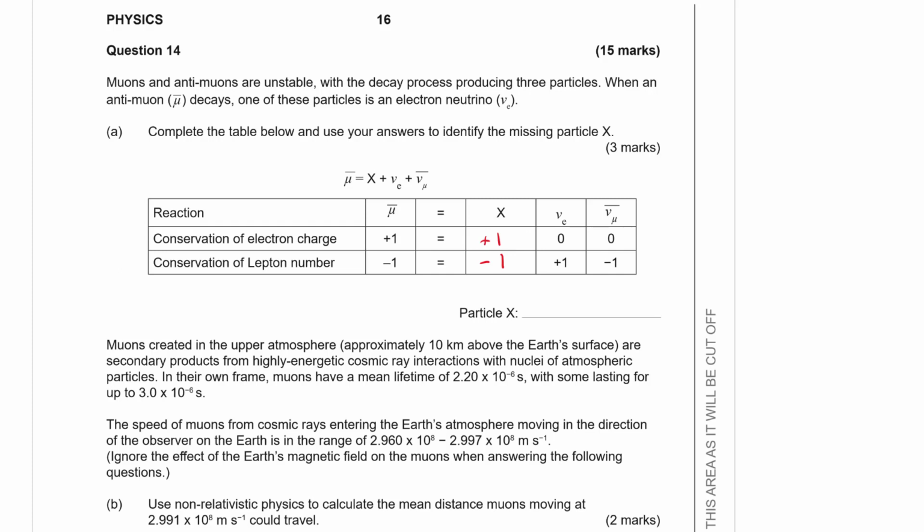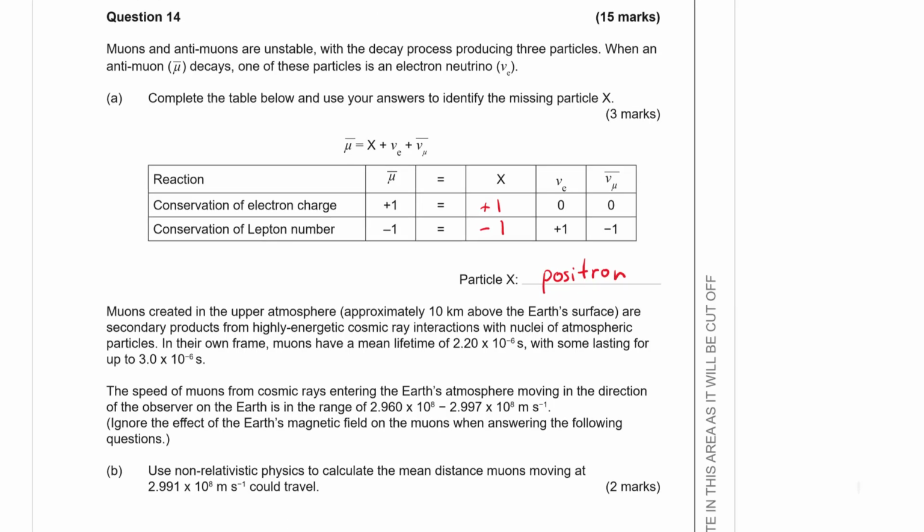Since we're dealing with a lepton number, I would suggest that it must be a positron, because a positron has a lepton number of negative 1 because it's antimatter, and it has a charge opposite of an electron, of positive 1.